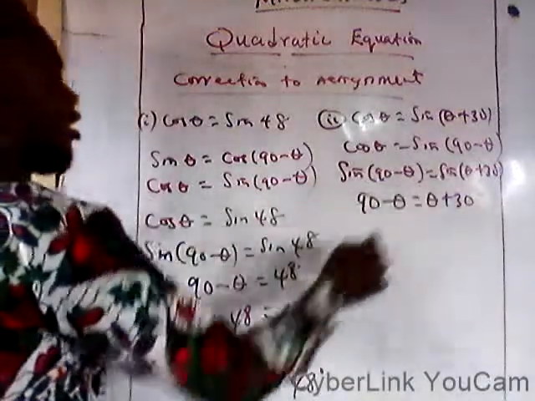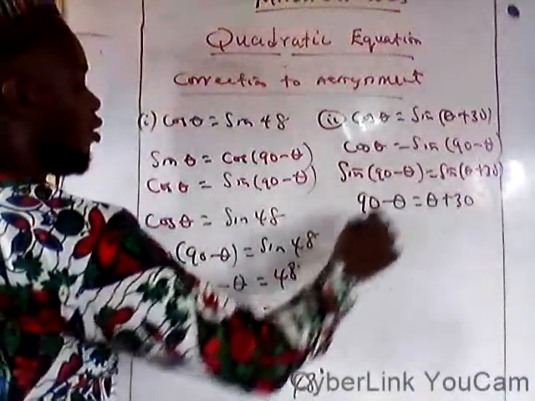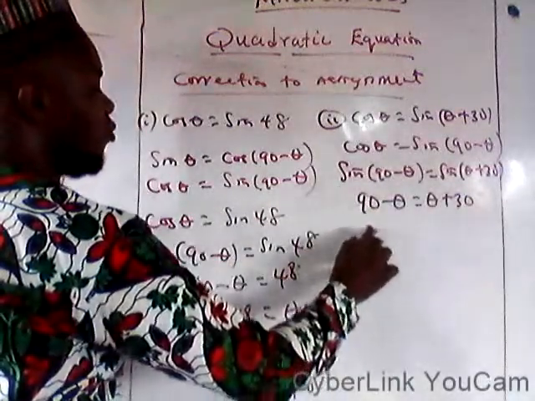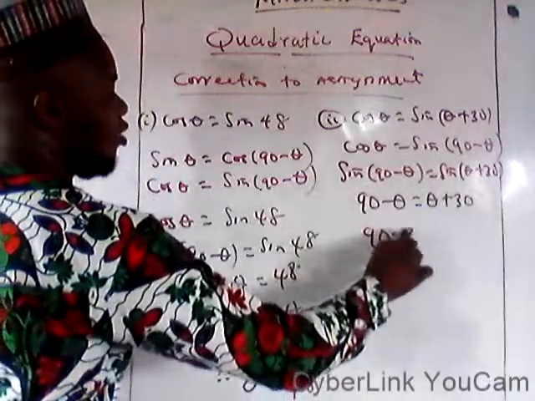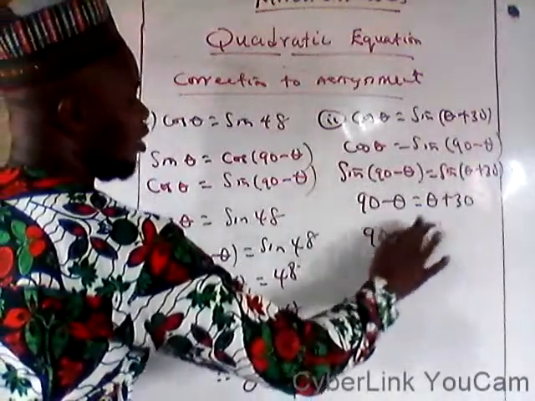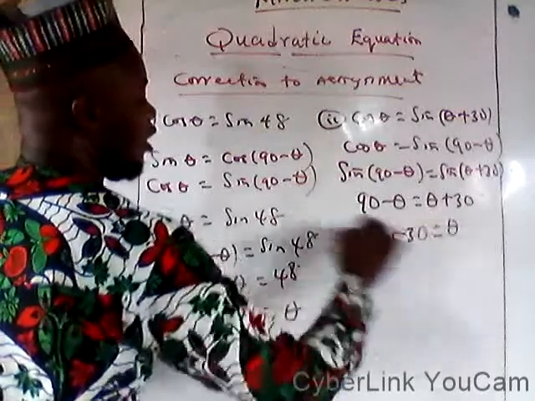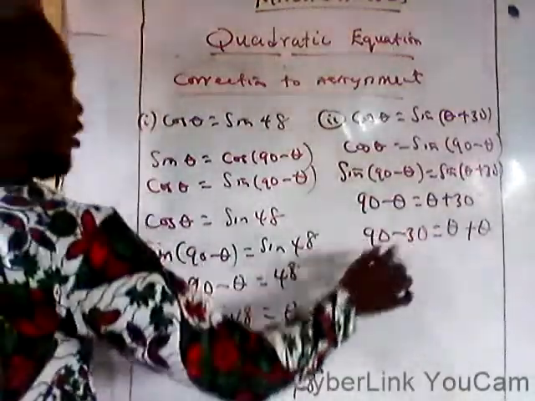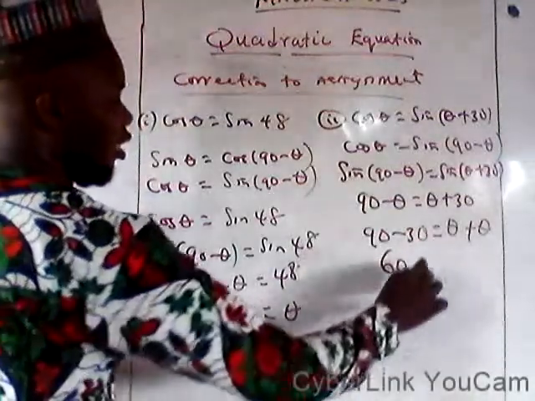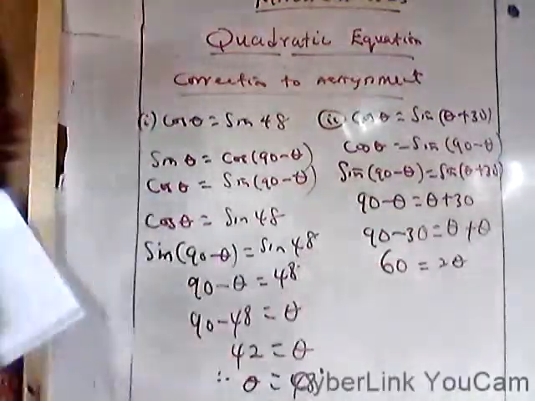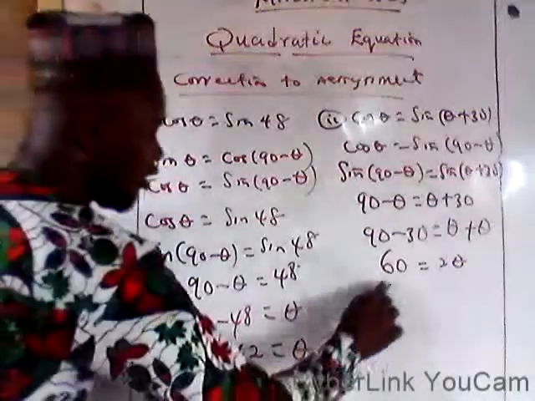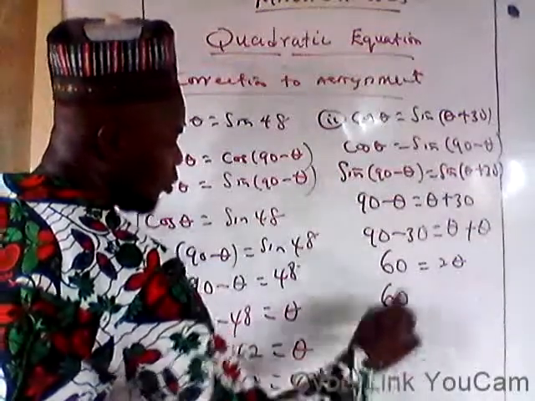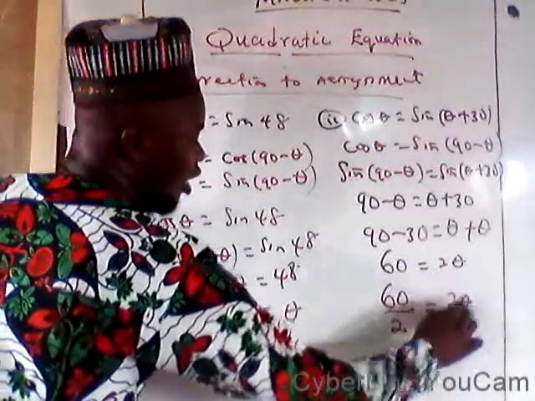From here, collecting like terms, 90 minus 30 degrees equals theta plus theta. What is 90 minus 30? That gives you 60 degrees, and that is 2 theta. Divide through by 2: 60 divided by 2 equals 2 theta divided by 2.